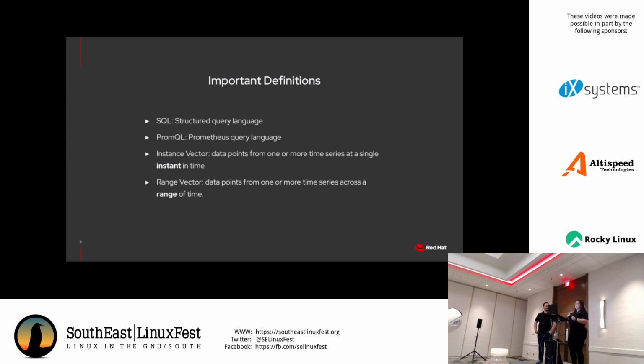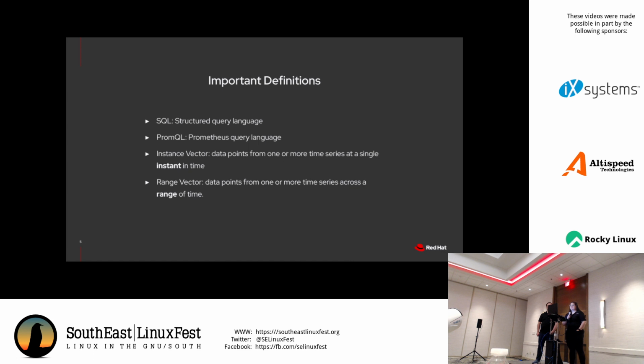Okay, before we get into some examples of SQL and PromQL, it's important that we level set some definitions. The first being SQL. It's a commonly used acronym for Structured Query Language, which is a standardized language for managing and querying relational databases. So you think Postgres, MySQL, SQL Server, Oracle. PromQL stands for Prometheus Query Language, which is the query language used in Prometheus for retrieving and manipulating time series data.